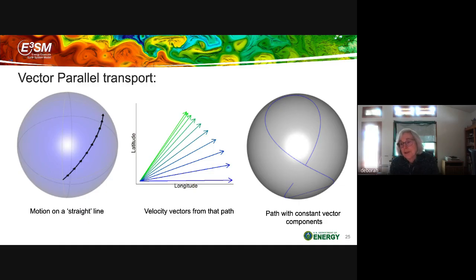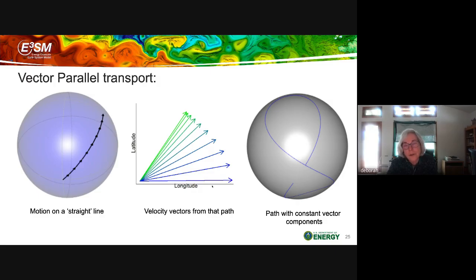This was a striking picture to us, because we didn't think necessarily that this was an important term to transport these vector components. But if you start out a point and give it a velocity and move it on the sphere, it should move along a geodesic. If we have those metric terms in, we do get motion along the geodesic.